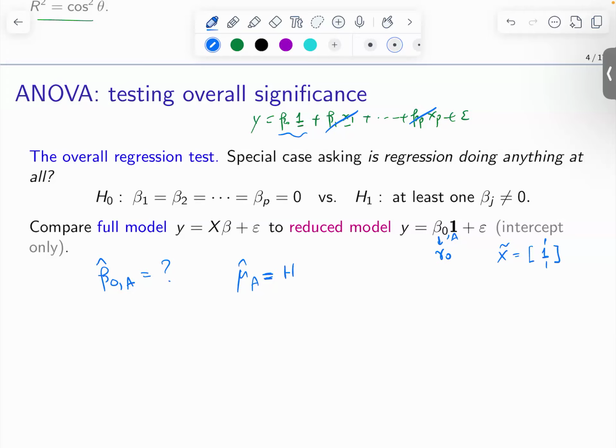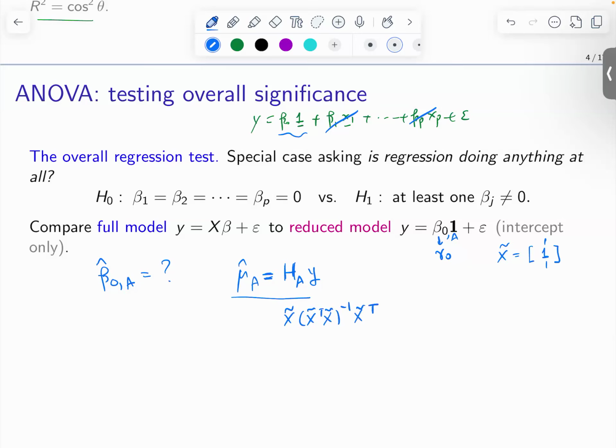An easy way to calculate this is via the projection matrix. Apply the projection matrix to y. If you remember, that will give you the fitted value, the projection. This one I'll let you figure out yourself. This is the only thing that we need. How do you write down the projection matrix here? Yes. So HA is X transpose X inverse X transpose, I'm going to write a tilde.